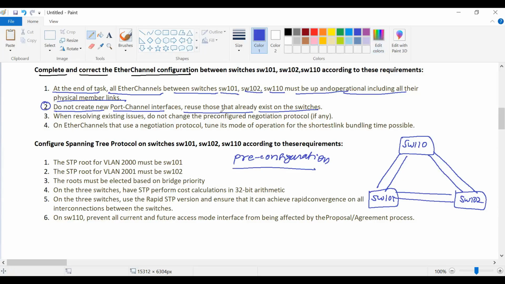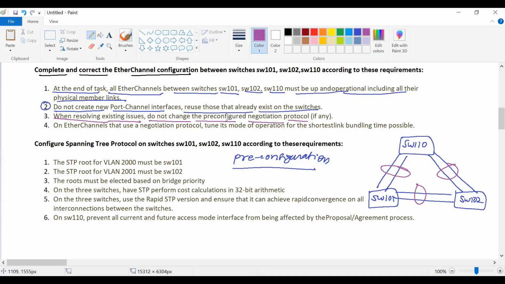So now you have to create the port channel here between this switch, this switch, and that switch. When resolving existing issues, do not change the pre-configured negotiation.